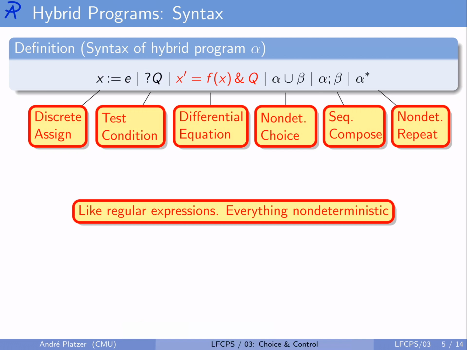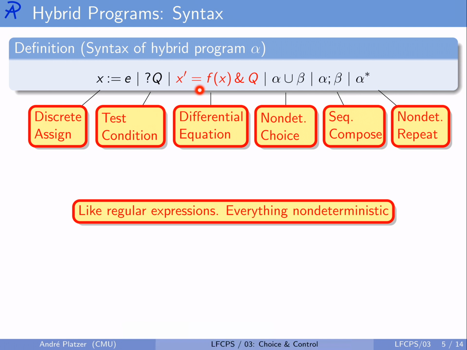But come to think of it, they might even take us into multiple new states from the exact same old state. Why is that? Well, because of all the non-determinism involved. The non-deterministic choice between alpha and beta with, let's say, acceleration or braking might take us into different states. The non-deterministic repetition might take us into many different states, having repeated 0 times, 5 times, 100 times.